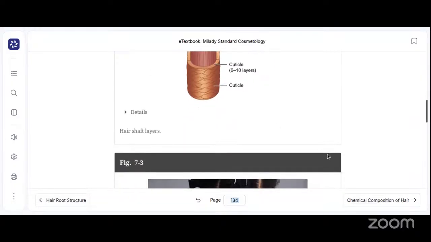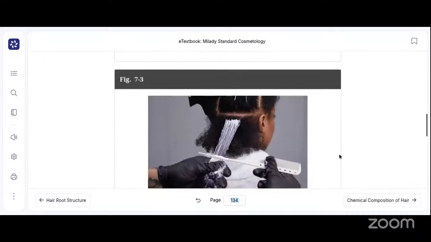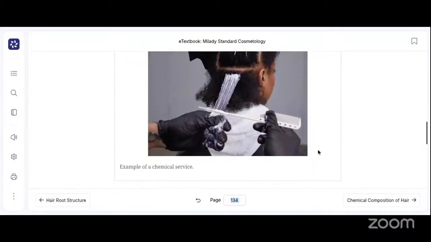So I wanted to share that with you on page 134. Here's an example of a chemical service. So if this is a relaxer, guys, it has to go through 6 to 10 layers of the cuticle. Then it will go to the cortex, start to break down in the cortex, and your new texture will be found in the cortex.